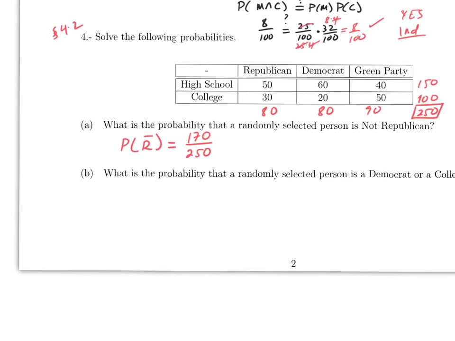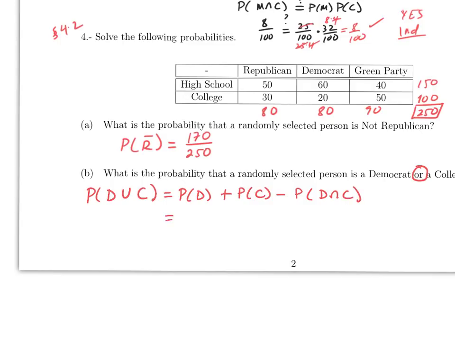Part B is asking you, what's the probability that a randomly selected person is Democrat, or, remember, or, you have to use the addition formula, or a college student. So this is Democrats plus college students minus all the Democrats that are college students.